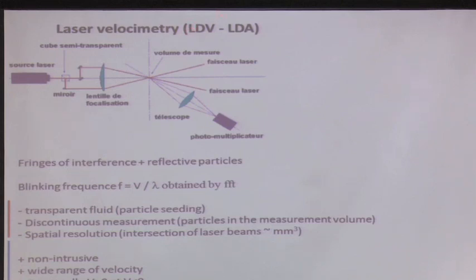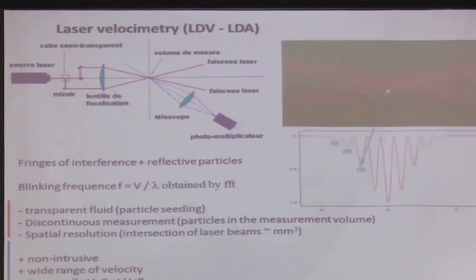It's almost the same. So you have a laser source which is generating a laser beam, and with that laser beam you are going to shine one part of the fluid, and with another optical measurement you are going to record the intensity of light along that laser beam. So actually what you will generate is some interferences.